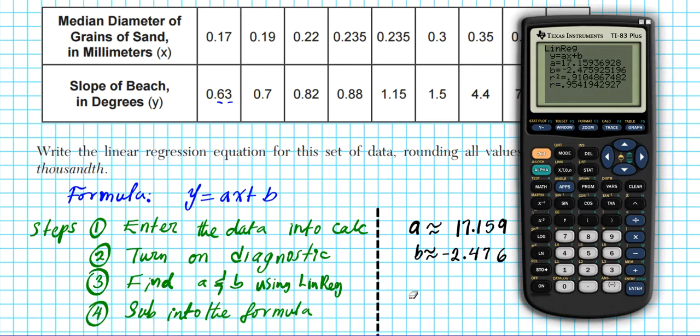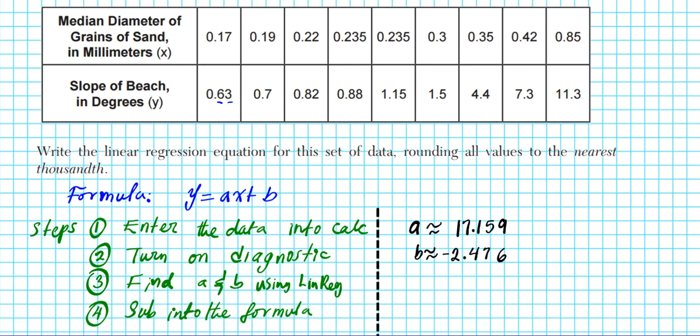So our final result for the first part of problem 33, the linear regression equation, is y equals 17.159x plus negative 2.476.